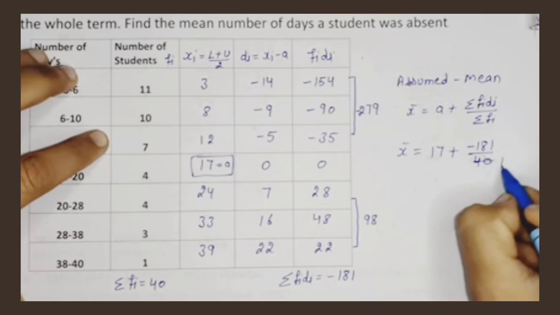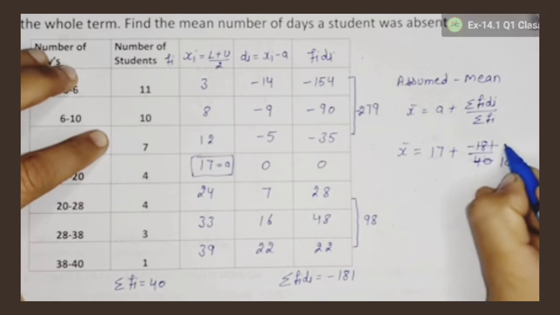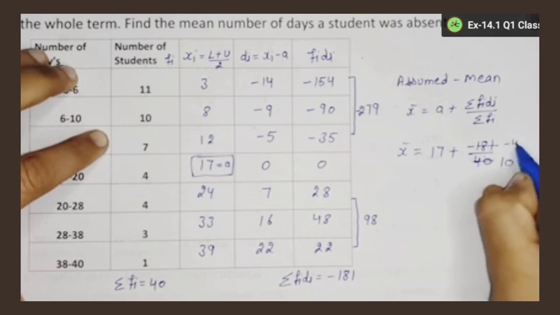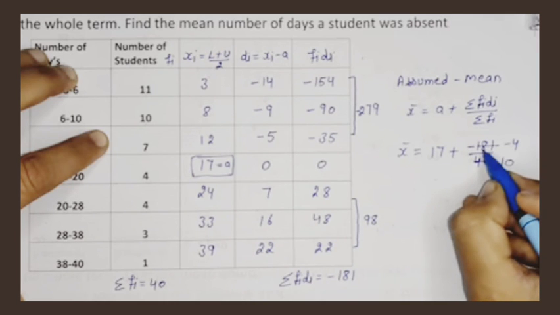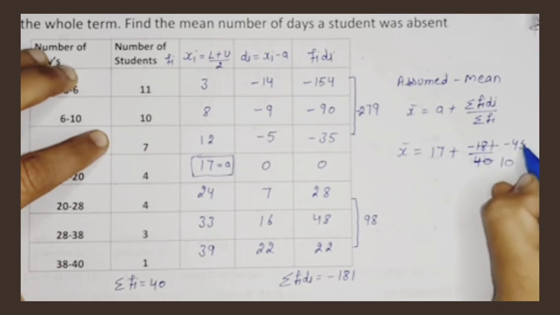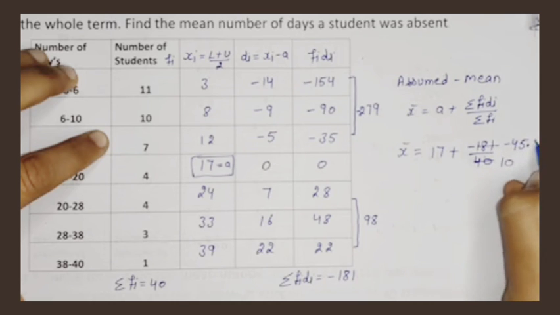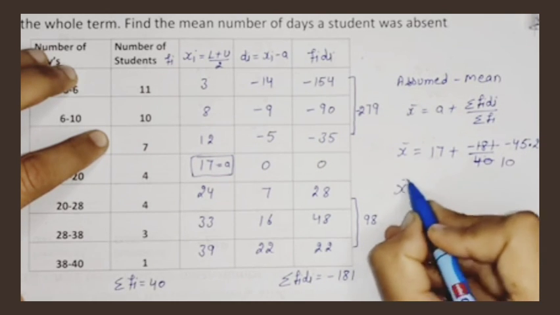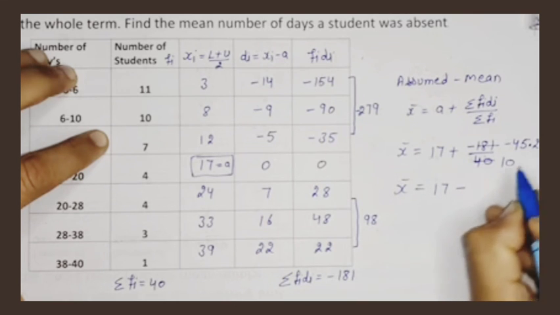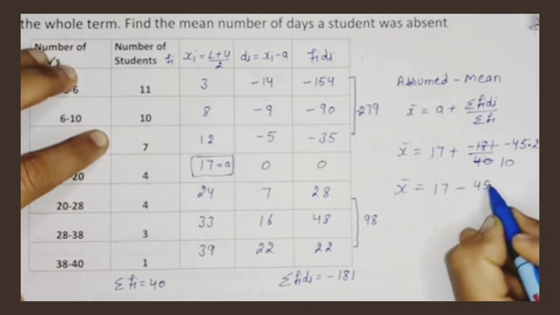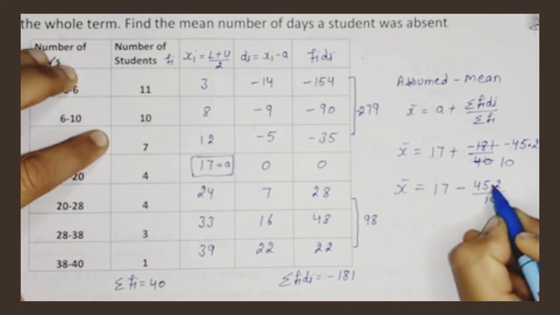Do the division by 4, so it will be minus 4, and then 1 carry, minus 45 upon 10, and again 1 0.2, that is x bar is equal to 17 minus 45.2 upon 10.